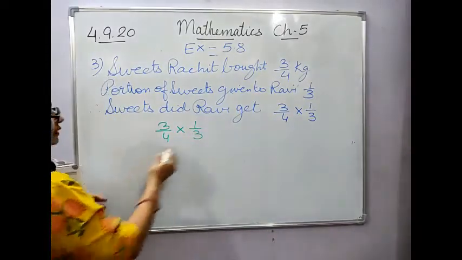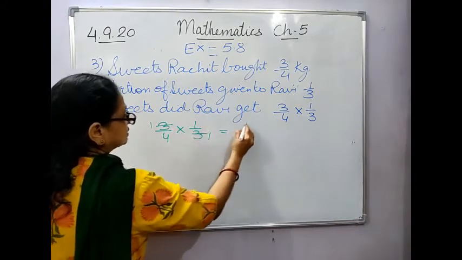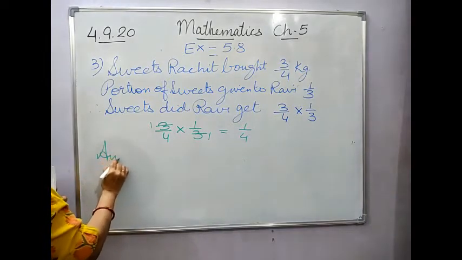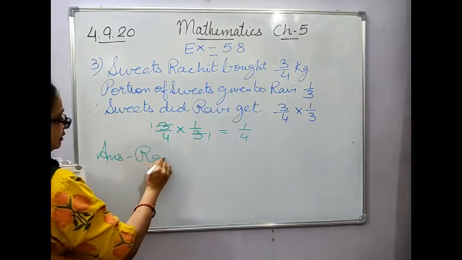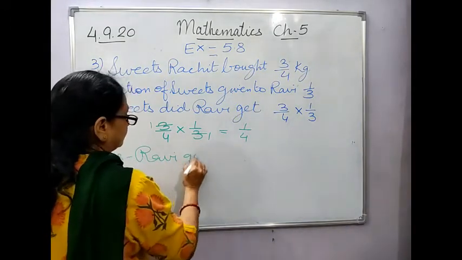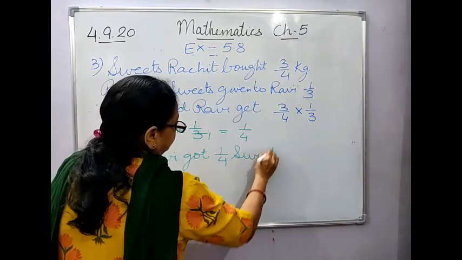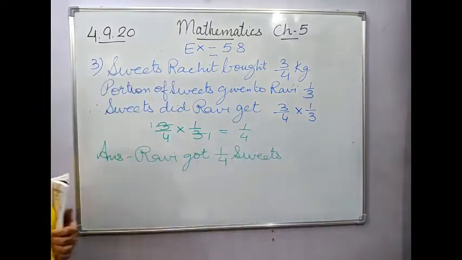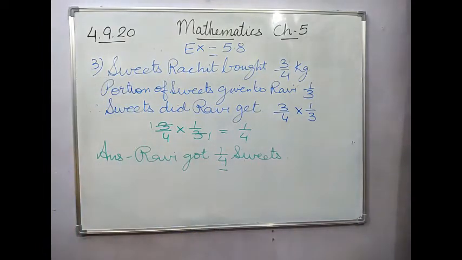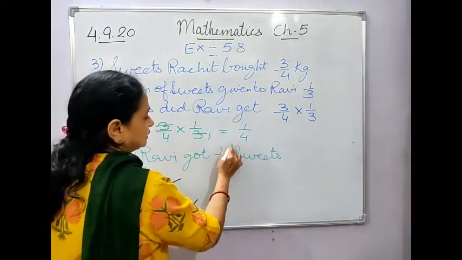You can easily cut this. 3 ones are 3, 3 ones are 3. So it becomes 1 ones are 1, 4 ones are 4. So your answer is Ravi got 1/4 sweets. This is the answer. Okay? Ravi got 1/4 of sweets.